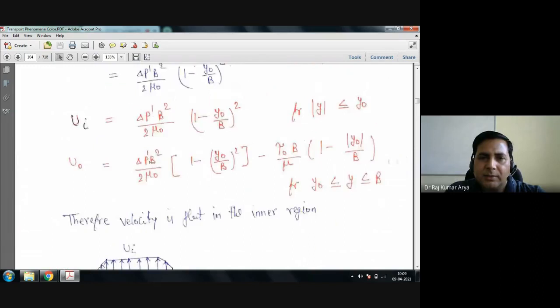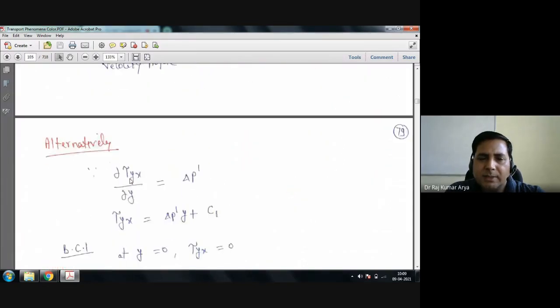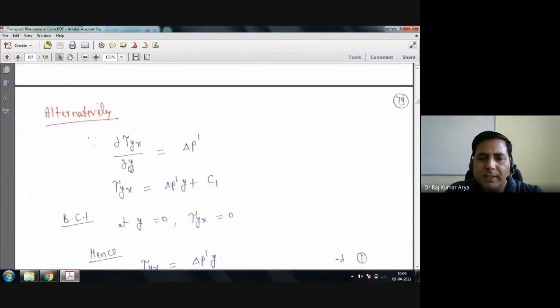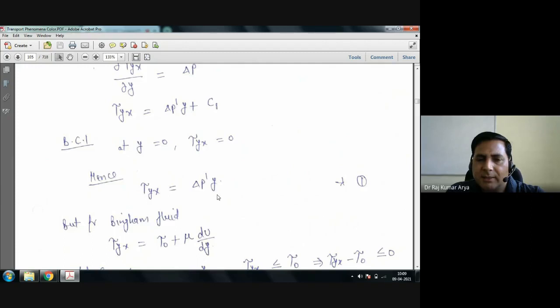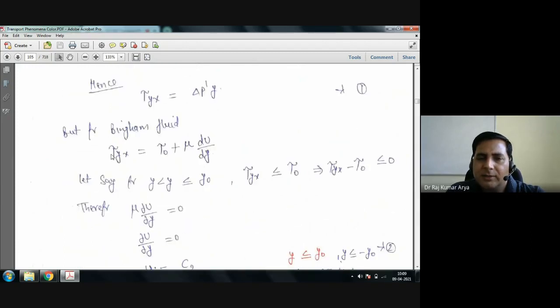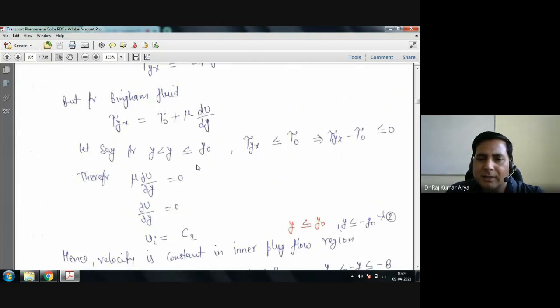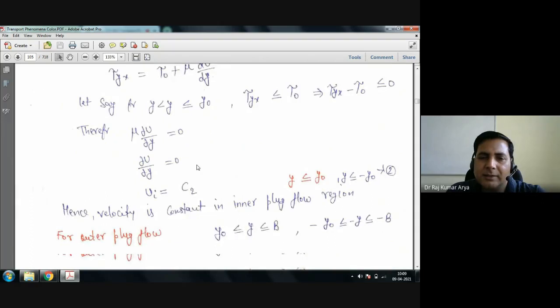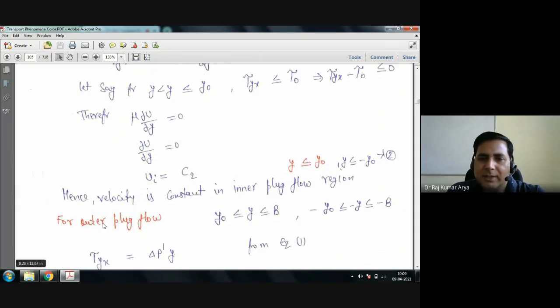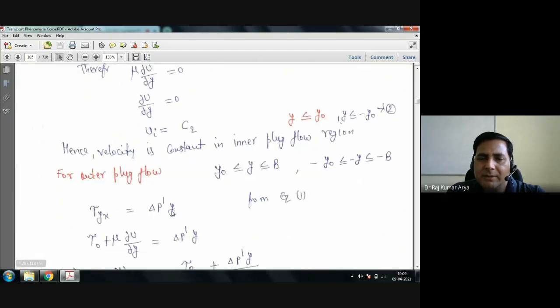Now this is one thing; you got the expression. Another way you can write this: delta p dash, which you already got. You can derive this, which you already have. Then this expression you already know for a Bingham fluid, right? I am just saying that this can also be done in a different way. We already talked about the outer plug flow, the region where this relationship holds.